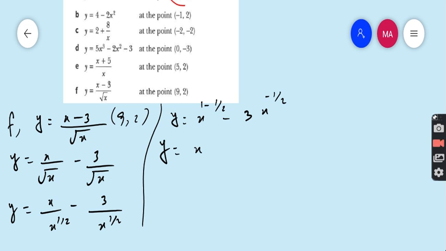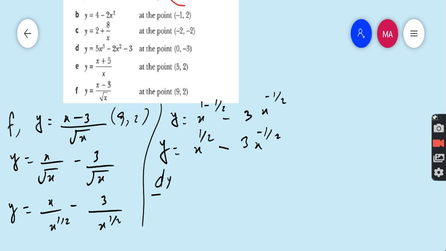So y is equal to, 1 minus 1 upon 2 is 1 upon 2, and I wrote minus 1 upon 2. That's why I got a wrong answer. And 3 into x to the power minus 1 upon 2.